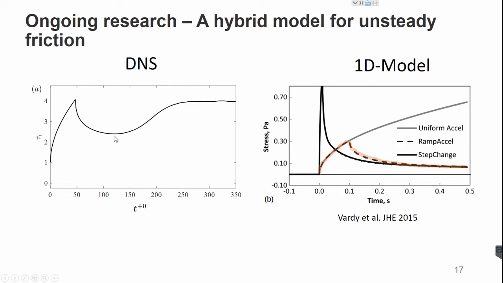Then we have the pre-transitional phase, when we have a decay in the wall shear stress, which is also well predicted by the 1D model. But the 1D model fails to predict this growth of turbulence and then the core relaxation phase. So the 1D model is useful, according to this, during the inertial and the pre-transitional phase, but it misses the transitional and the core relaxation stages. So what can we do? That's the question.